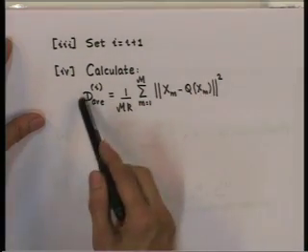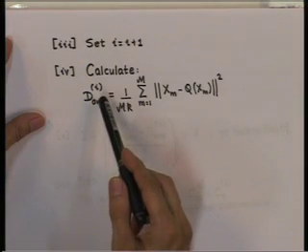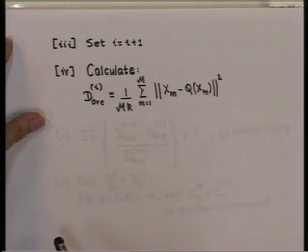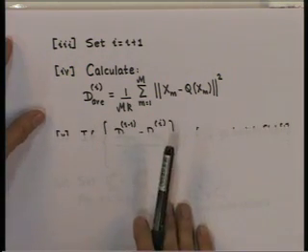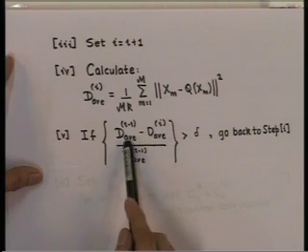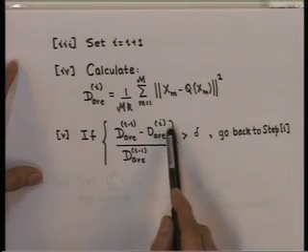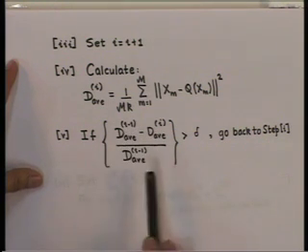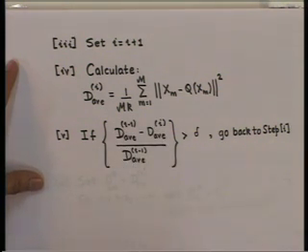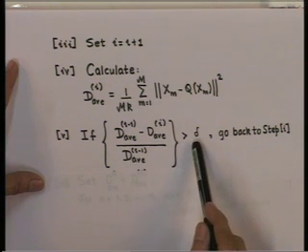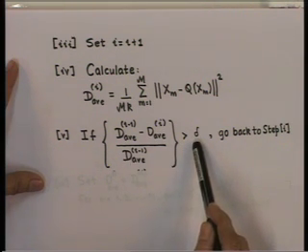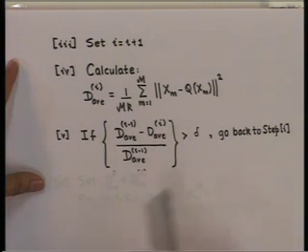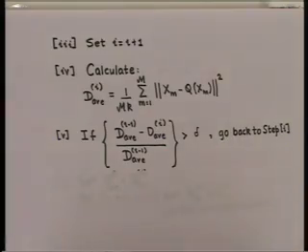Now, it is expected that this average distortion will be less than the average distortion which we got in the earlier iteration, and so we calculate the difference between the current distortion and the earlier distortion, form this ratio, and compare this ratio to some small delta greater than 0. If this quantity is greater than delta, it implies that we need some more refinements.